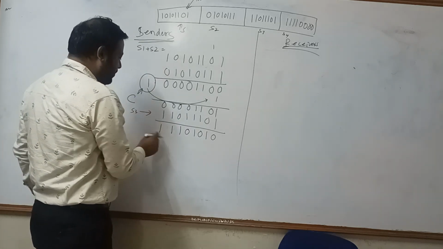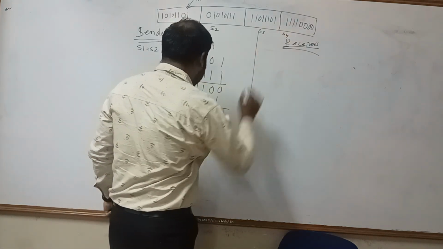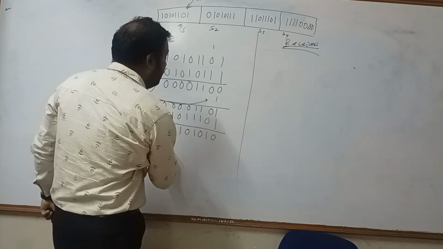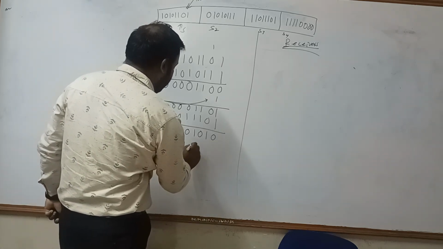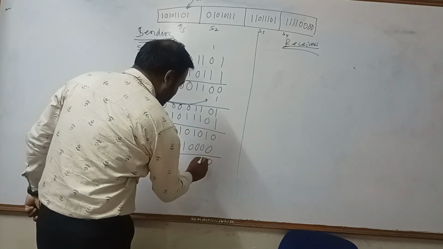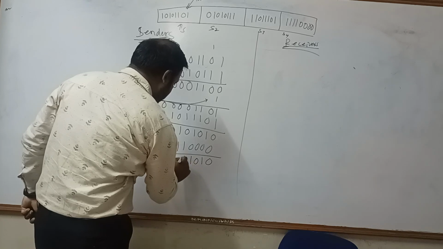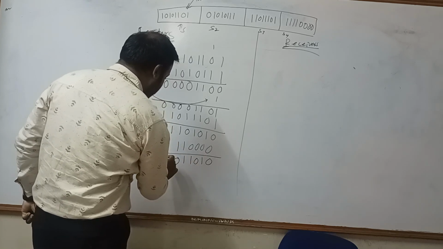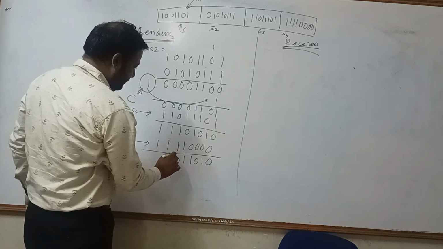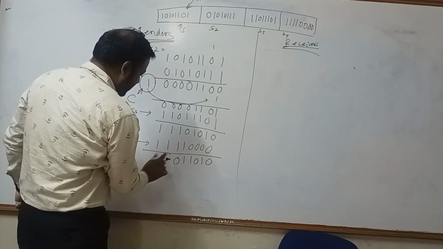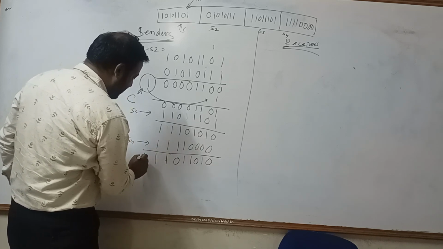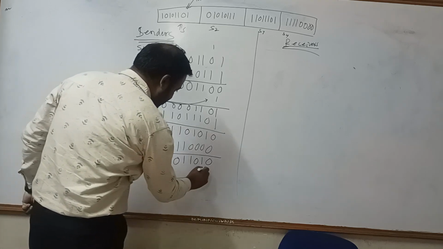Now with this sum, again we will add segment 4. Segment 4 is to be added here. It is 1 1 1 1 and 4 times 0. So what will happen here? Adding the bits, the result gives carries of 1, and this final carry 1 is to be added here.